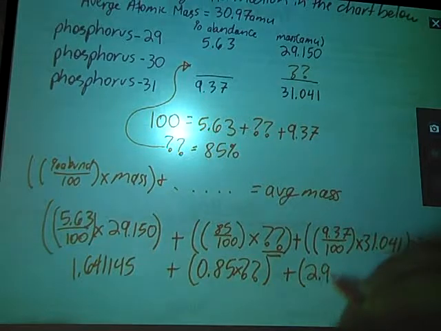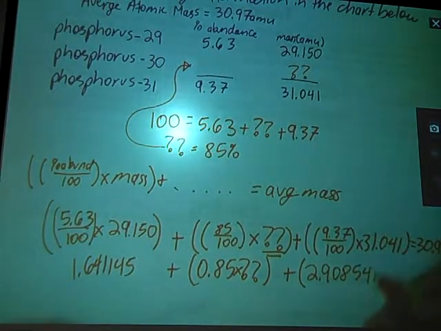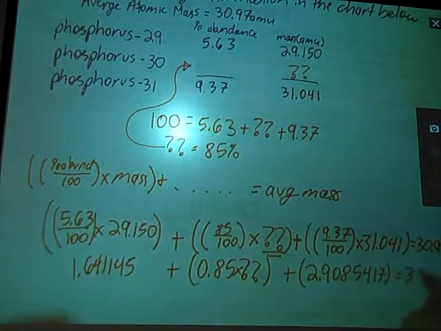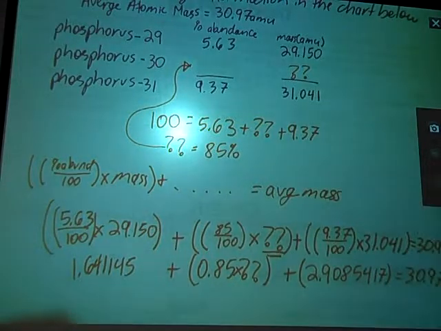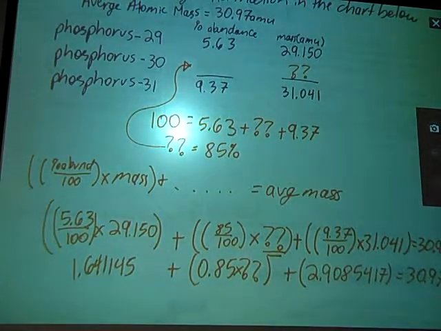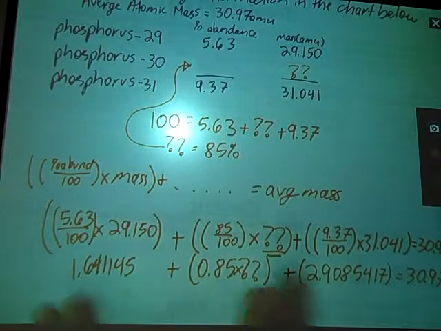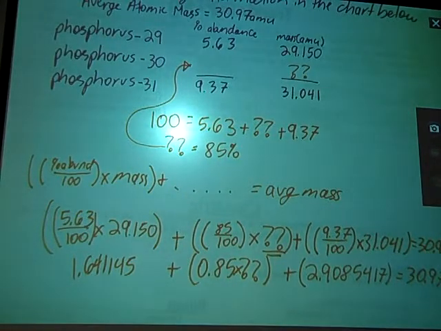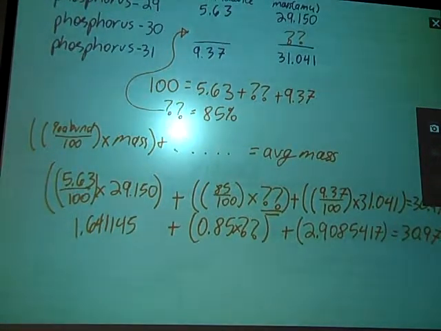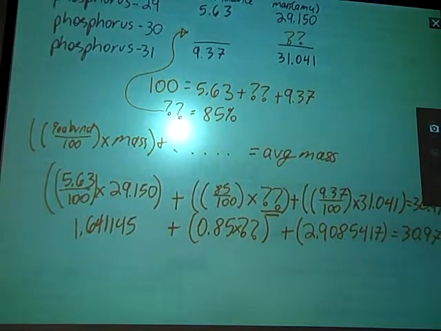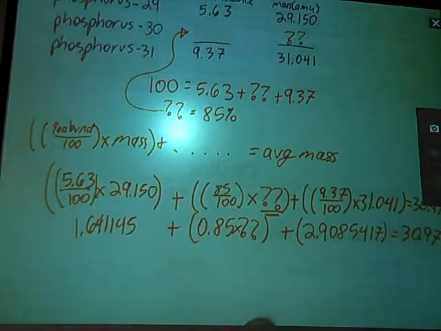I don't know why I put the parentheses there, but that's okay. Equals 30.97. Now we get to actually start the algebra of getting that by itself. First, let's add these two things together. I'm taking the long route just so you can see all of the steps that I do. Plus 2.